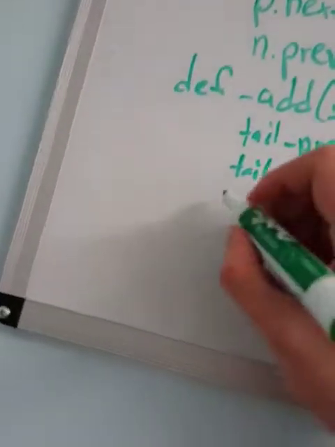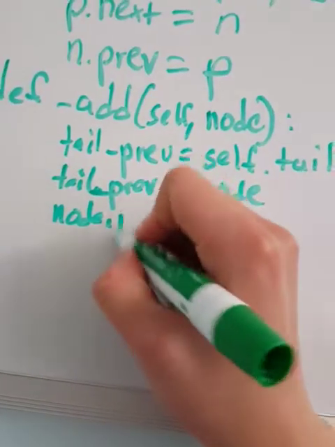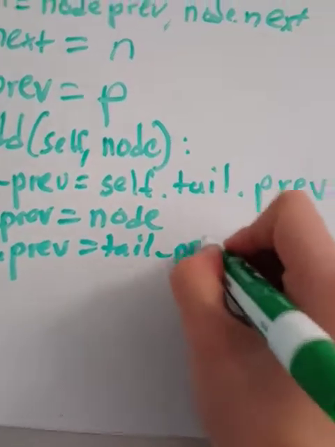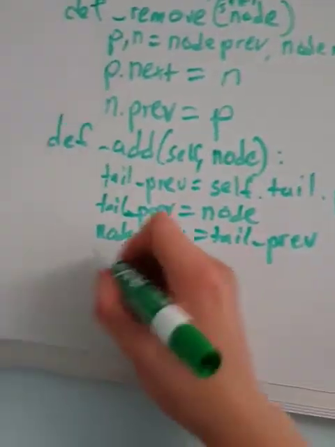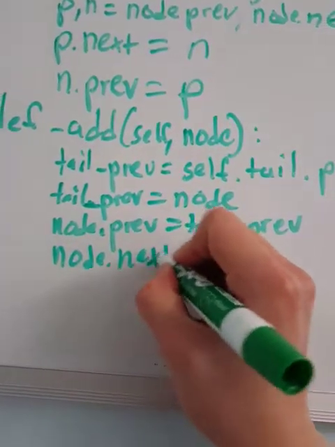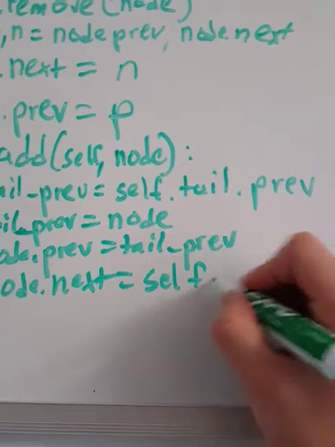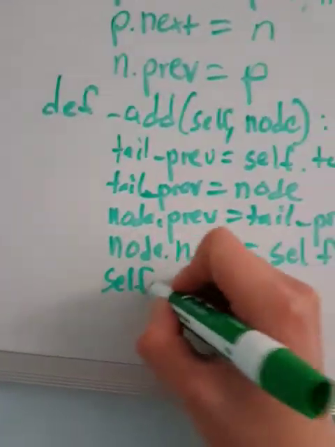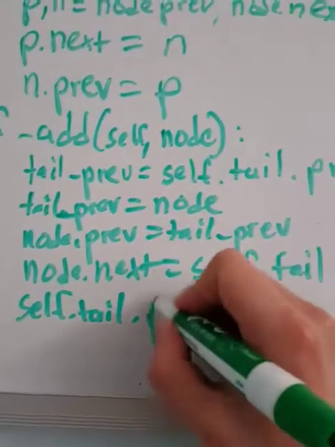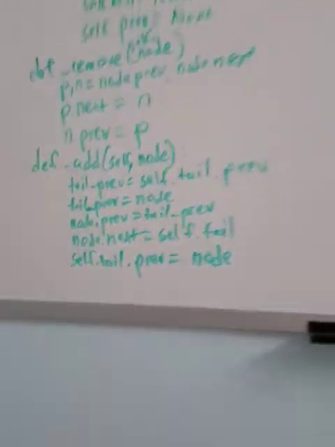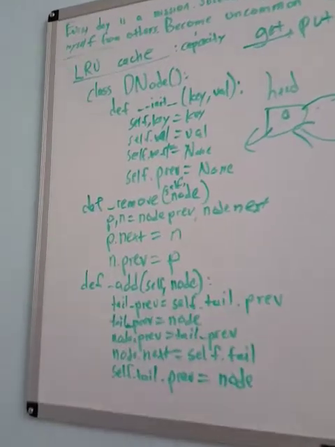And then node.prev is equal to tail.prev, and node.next is equal to self.tail, and then self.tail.prev is equal to node. Okay, so that's our node class.